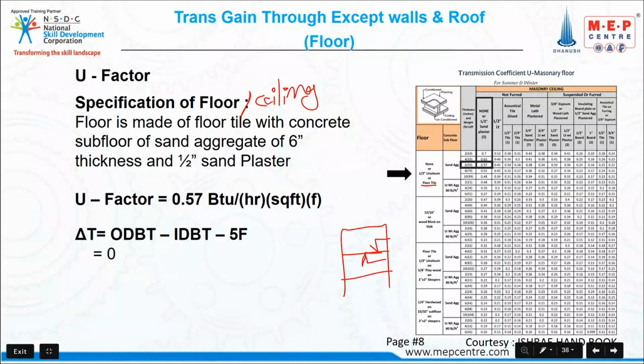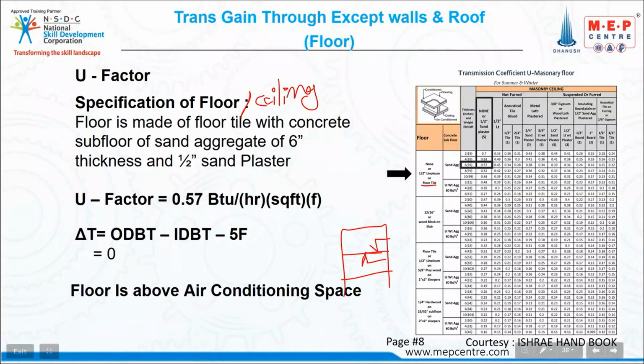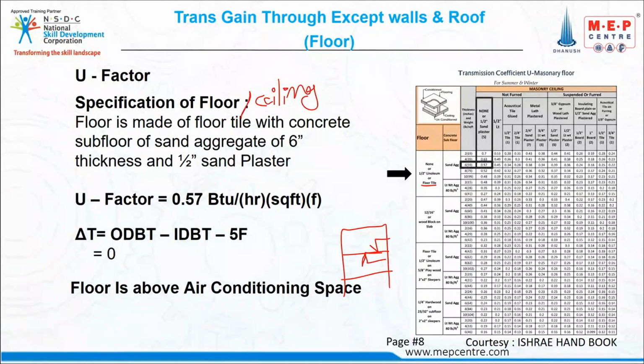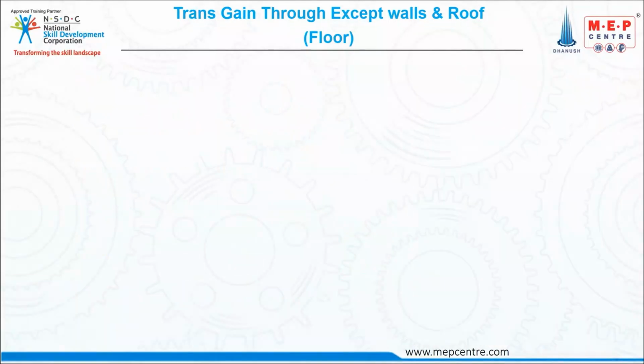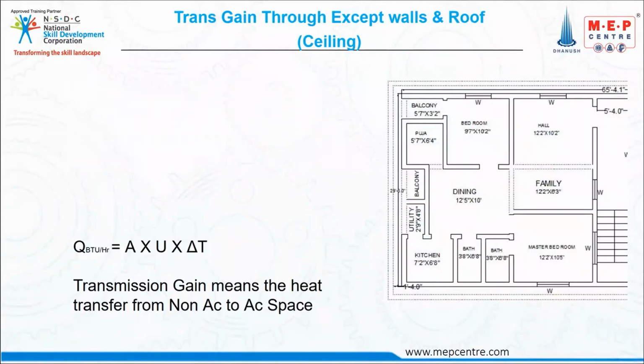Why I am taking it as 0? Because we are considering first floor as air conditioned space. First floor भी हमें AC सोच रहे, AC करना पड़ेगा first floor को भी. So if it is not AC, then here 26 value will come. So 26 के हिसाब से हमें calculations कर देते हैं. So floor is 0.